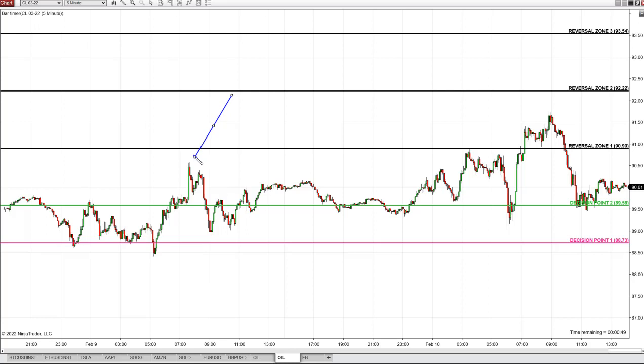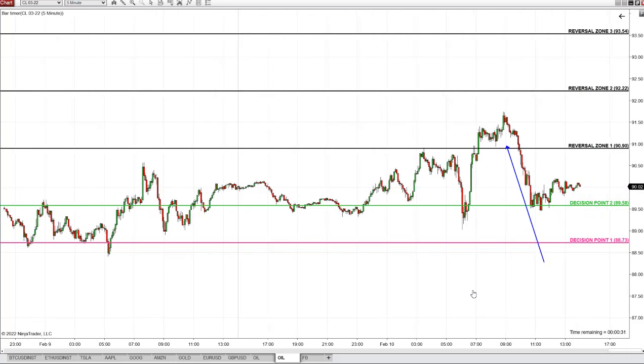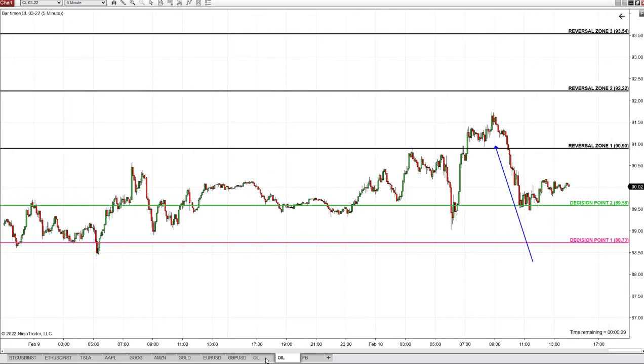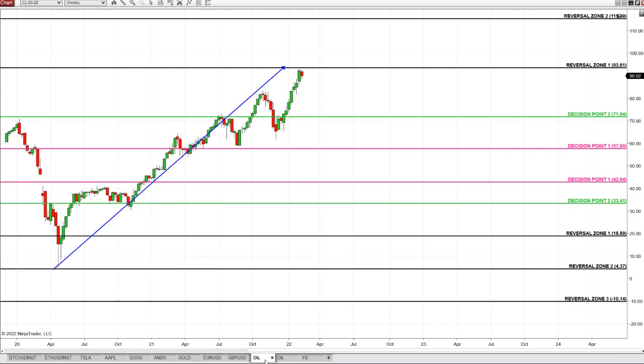Oil is here, collapsed 150 points. Where's the place to buy oil? Is it ideal if you trade in your little small account? At support, of course, not at reversal zone. This is day trading reversal levels. This is institutional reversal levels.